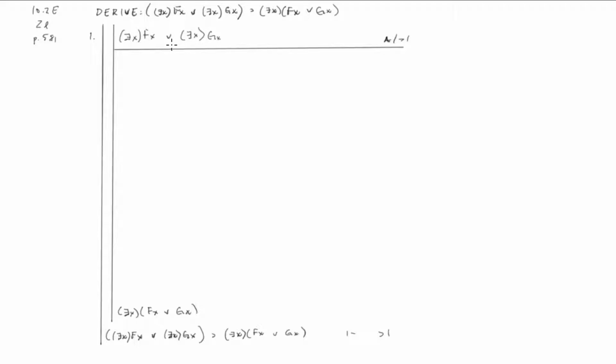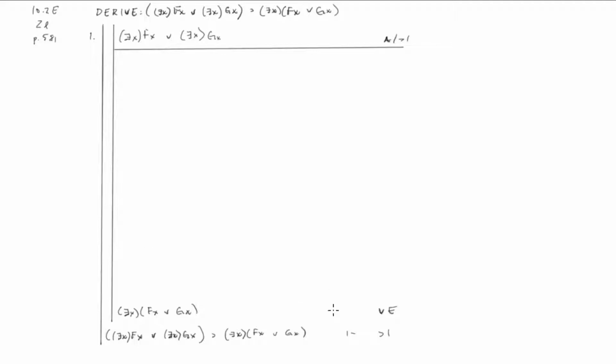All we have to work with is a wedge and nothing else to use alongside it. So that pretty much limits us. I'm not saying this is the absolutely only way to do it, but it's a good way. We're going to use the rule wedge elimination. It helps us use disjunctions, and that's the only thing we have to work with.